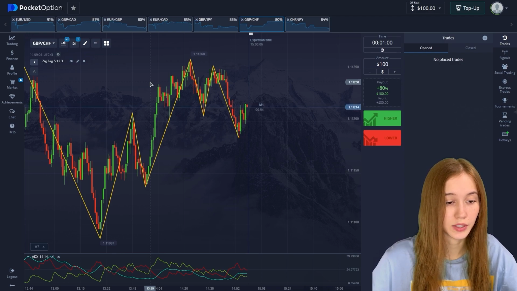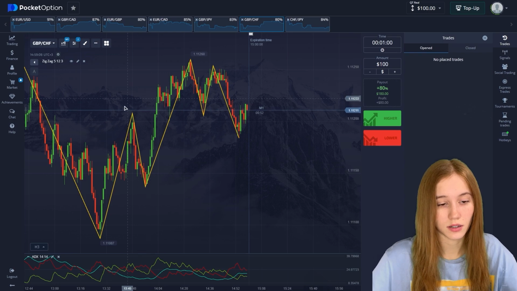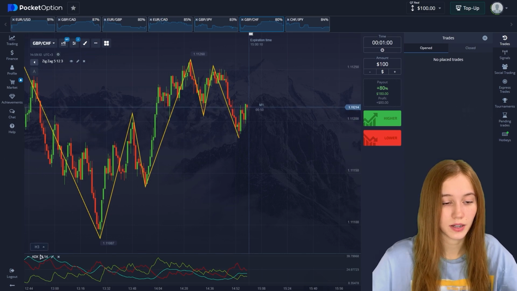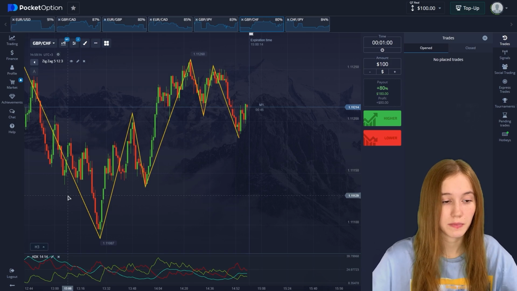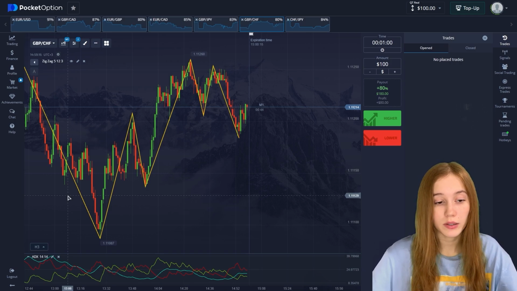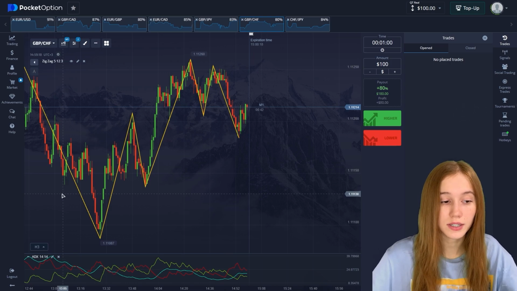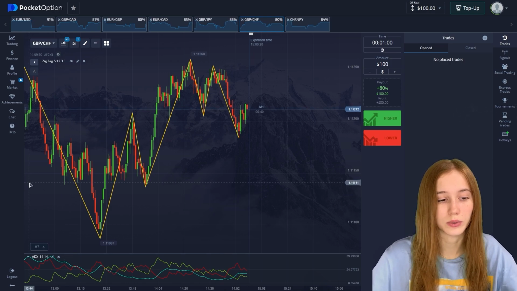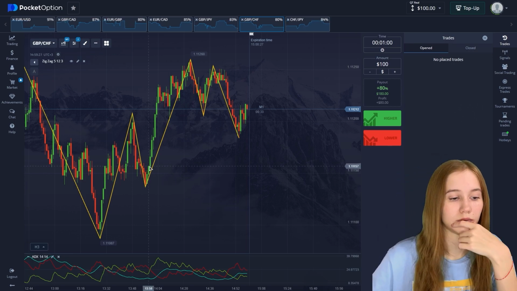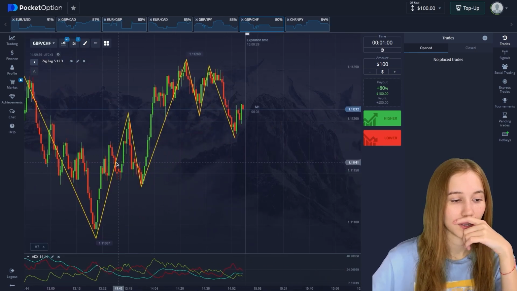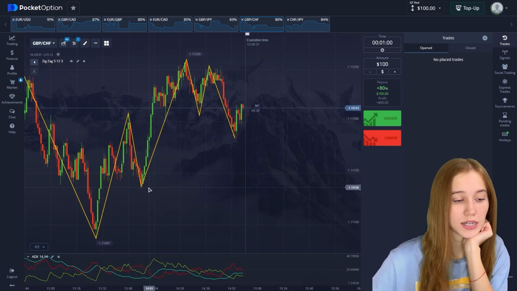Let's see, we will use our analysis and 2 indicators, the Zigzag and ADX. Let me tell you a little about these indicators. I'll tell you the theory and then I'll show it to you in practice. I'll start with the first indicator.